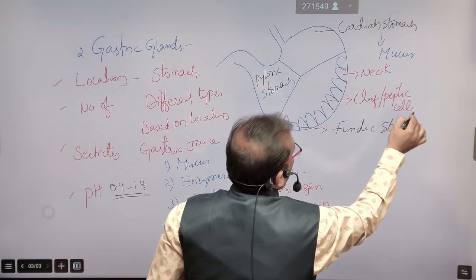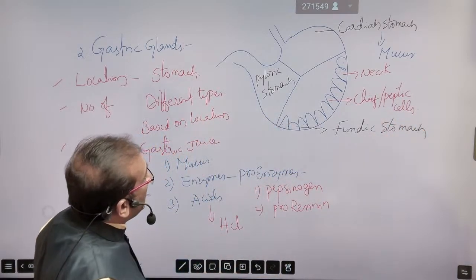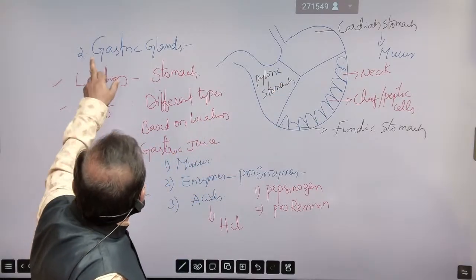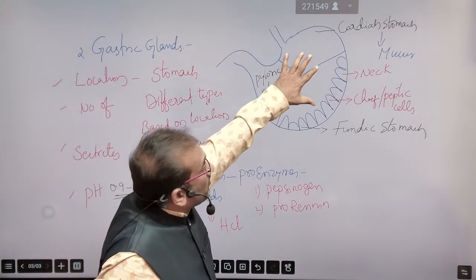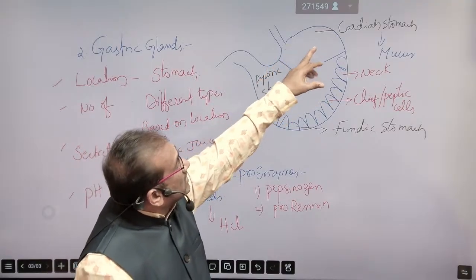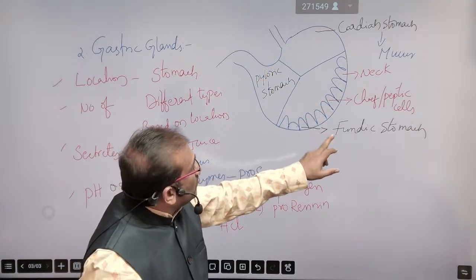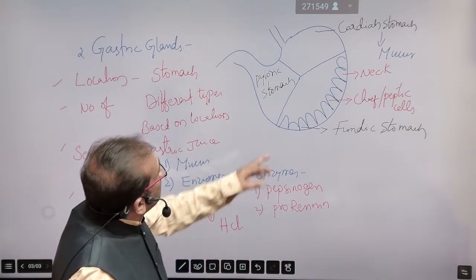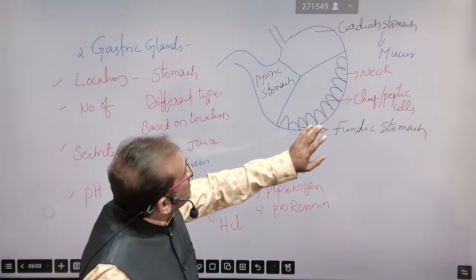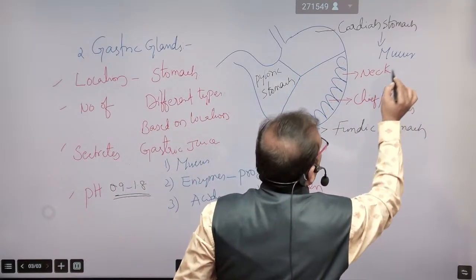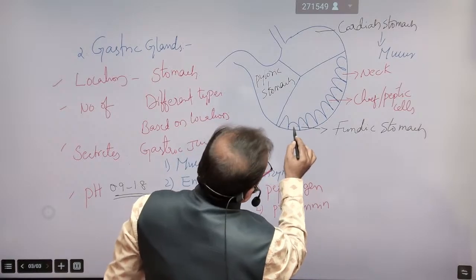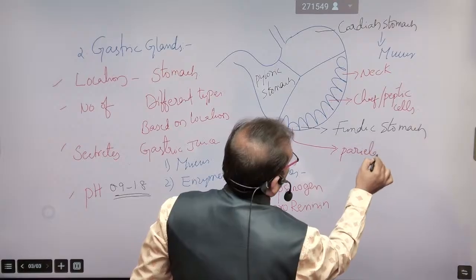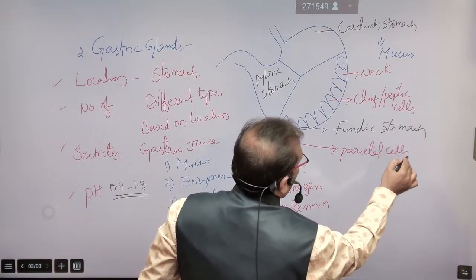So the gastric glands are present in the stomach. One is the cardiac stomach, second is the most important fundic stomach, and third is the pyloric stomach. The cardiac stomach secretes mucus, and neck cells also secrete mucus, we will discuss afterwards. And the third type of cells here, parietal cells. Parietal cells are also known as oxyntic cells.